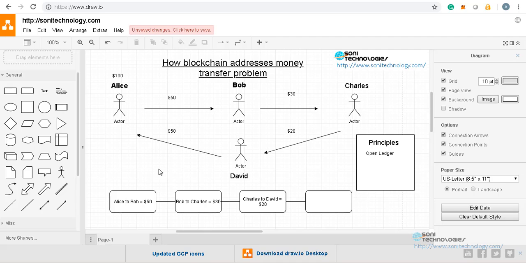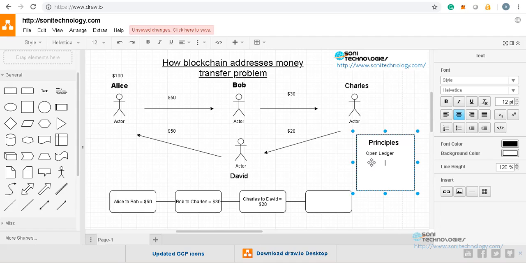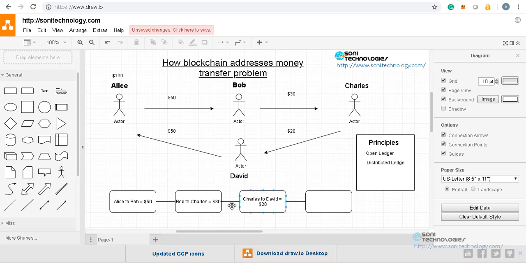Now we can move to the second principle. The second principle is the distributed ledger. So we'll write here distributed. Whatever ledger has been created here, an exact copy of the ledger will be available to each and every person in the network.